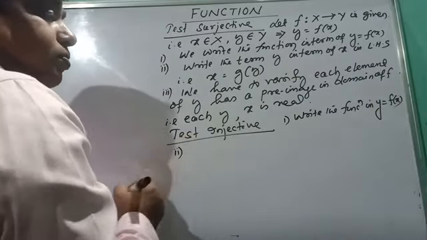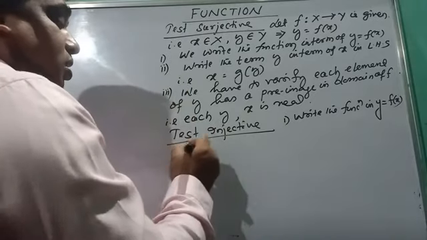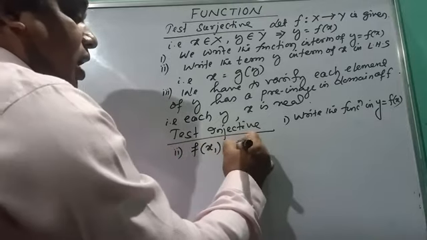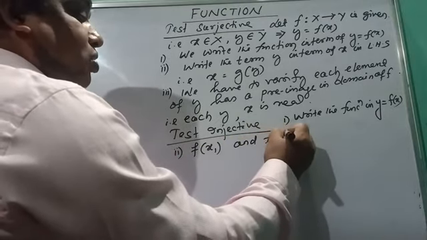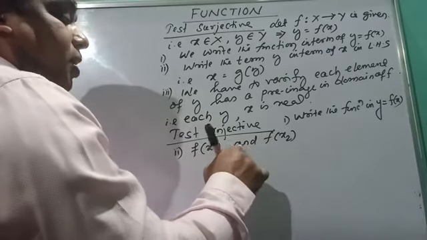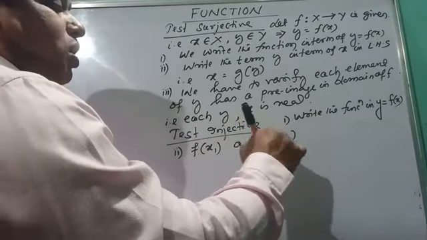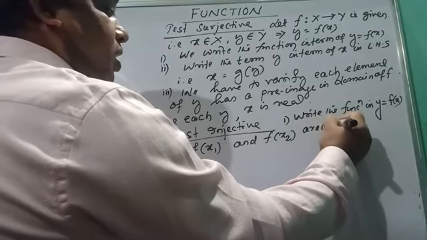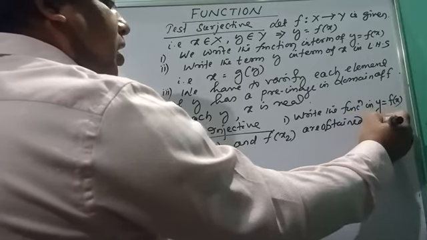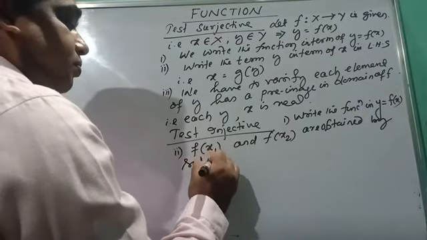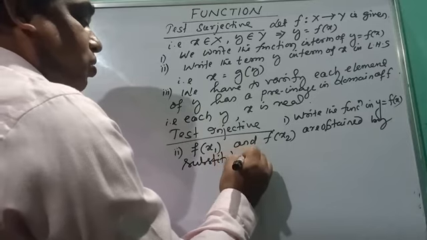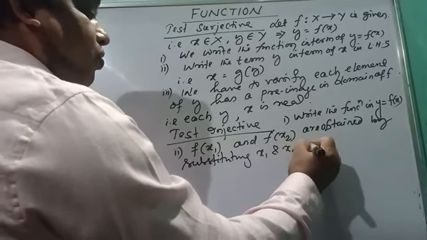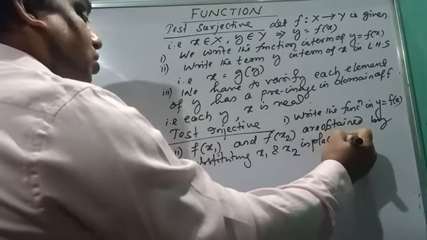Step 2, find f(x1) and f(x2). f(x1) and f(x2) are obtained by substituting x1 and x2 in place of x.